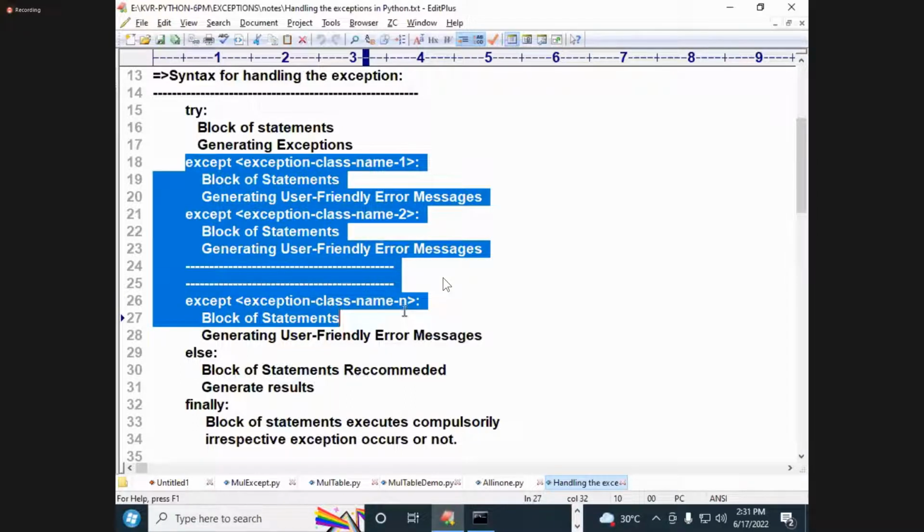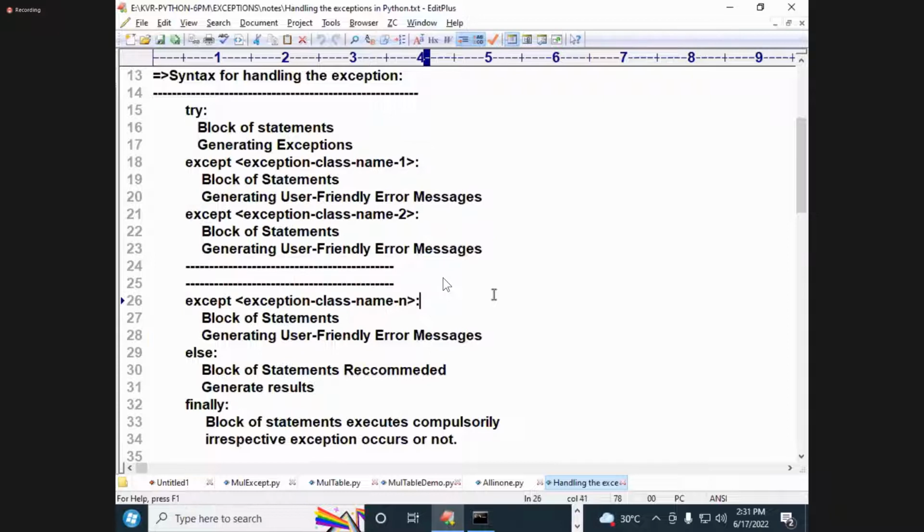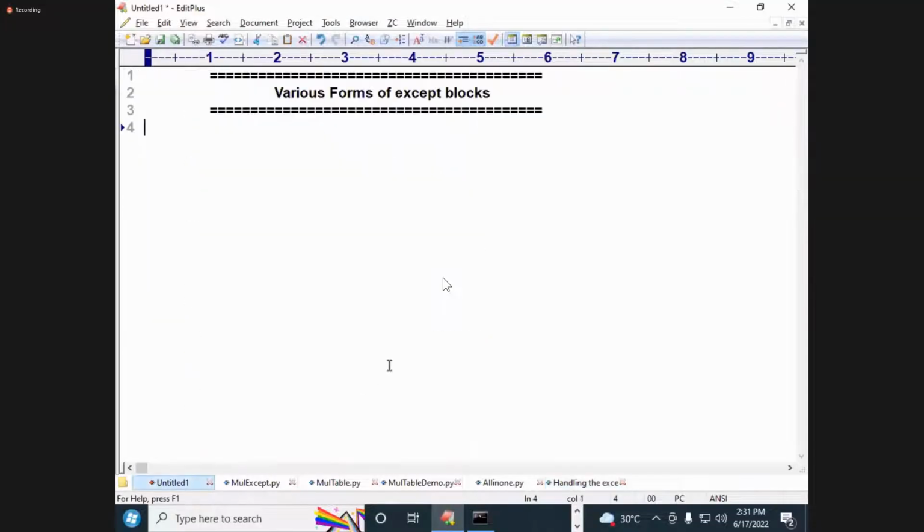Along with that, there are some more facilities coming into our program. So, as a part of exception handling, the except block can be used in different forms.